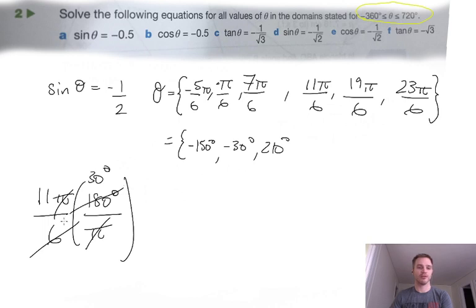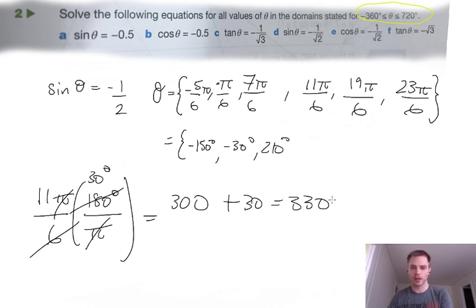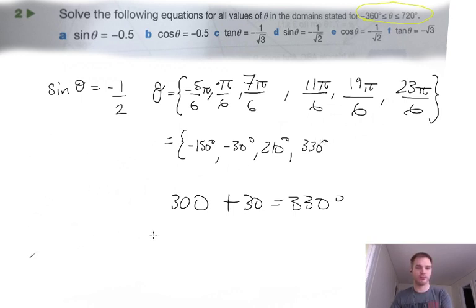You can see why this is easy for me to do because I've done it a million times. Okay, so this multiplication, we're going to get 300 plus 30, which is equal to 330. And this goes to here. So we'll collect that one, and that was our 11 pi term.